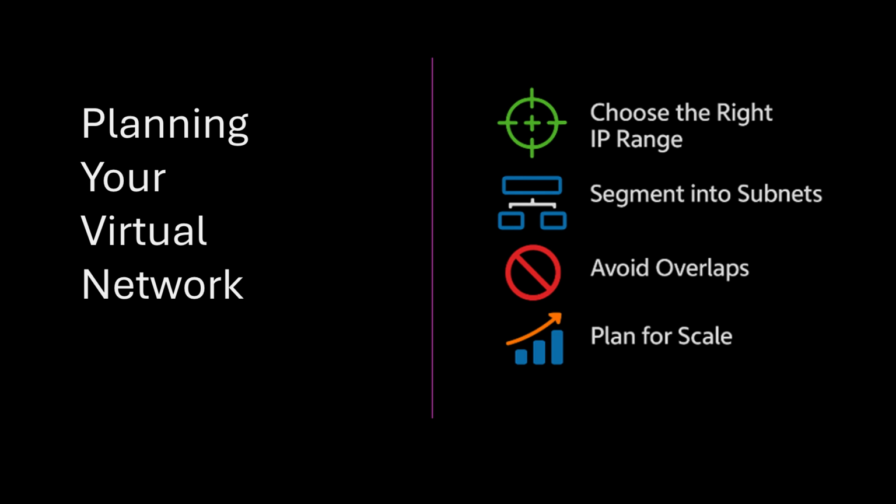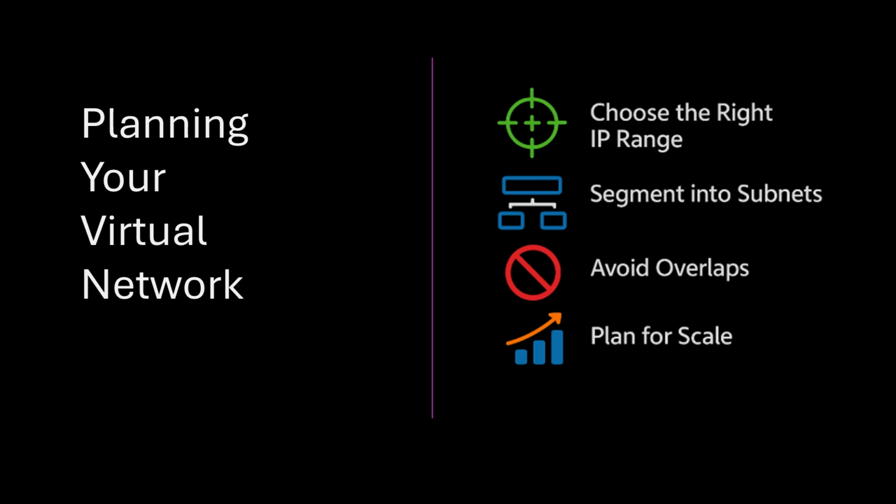If you're planning to connect this VNet with another Azure VNet or your on-premises network, be extra careful to avoid overlapping address spaces. Unique IPs are essential to prevent routing issues and ensure seamless connectivity. Finally, always plan for scale.